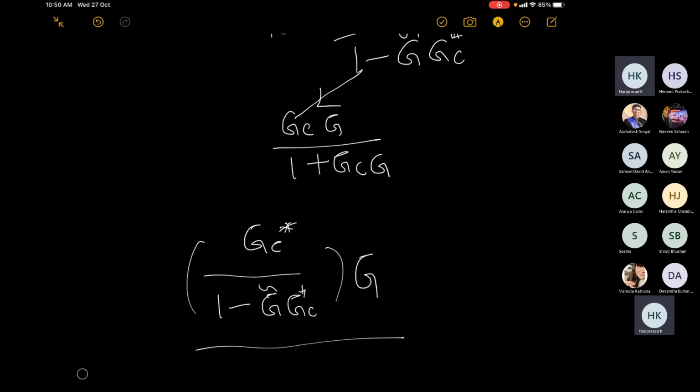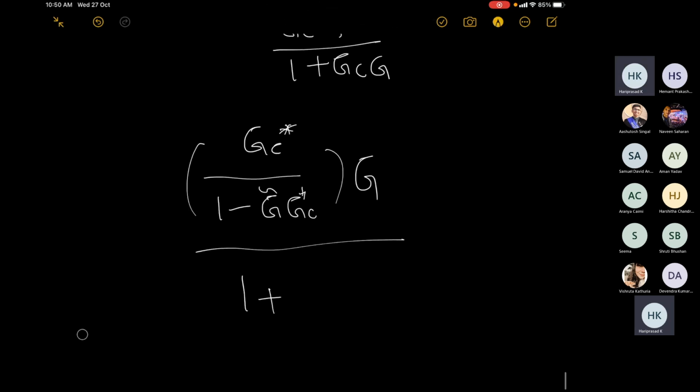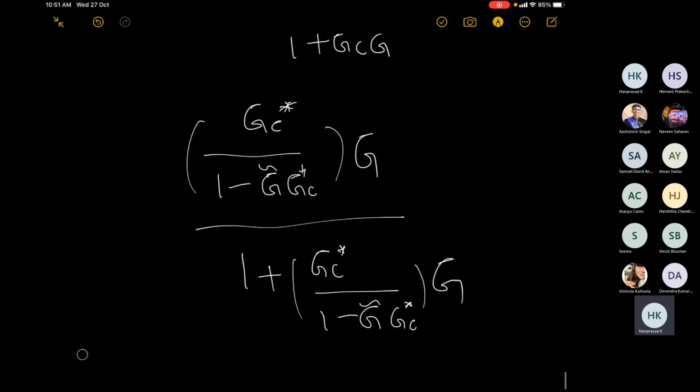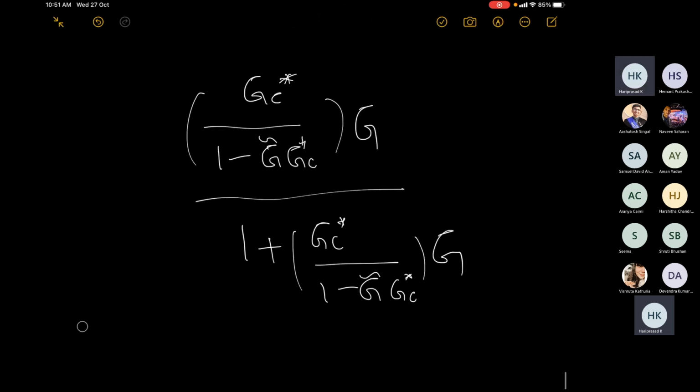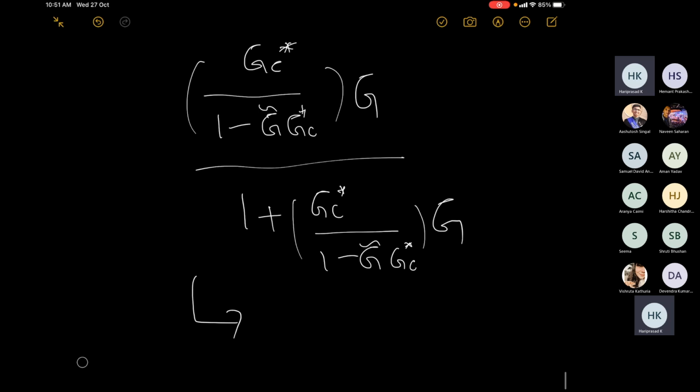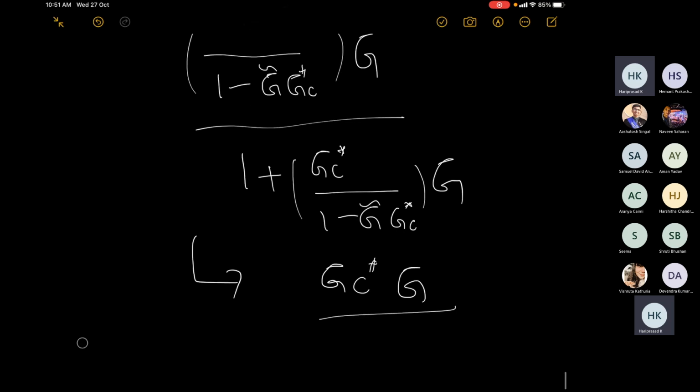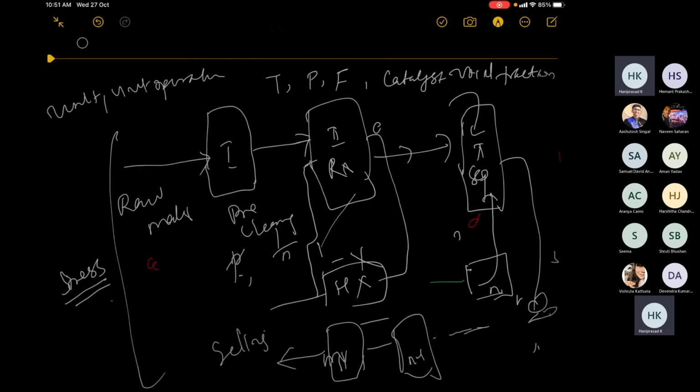Times G divided by 1 plus GC star by 1 minus G tilde GC star times G. Okay, so again, if you take the LCM and so on, what would happen? You do the simplification. It would be very nicely boiling down to GC star times G. The 1 minus G tilde GC star would be cancelled in both the denominators.